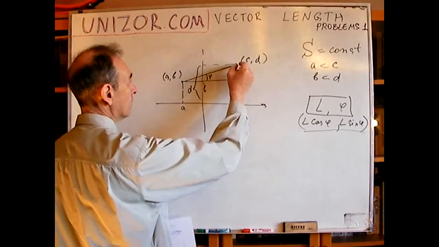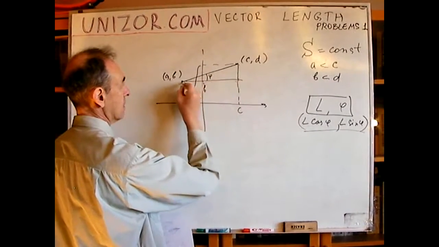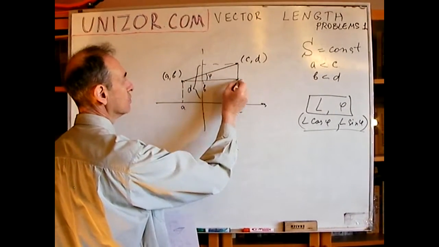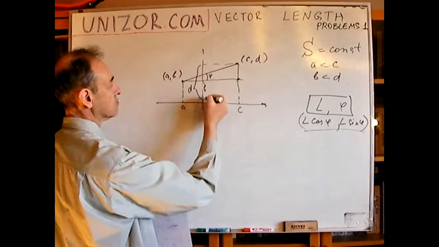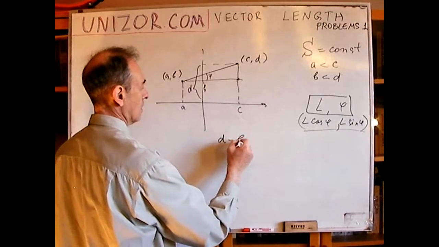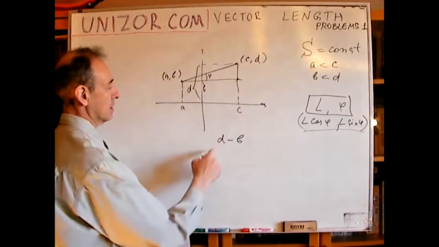Well, I know this and this. These 2 categories I do know, because this vertical one is the difference between D and B, and that's where I'm using that D is greater than B, so this is positive.